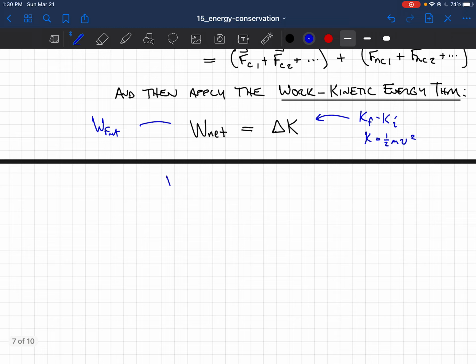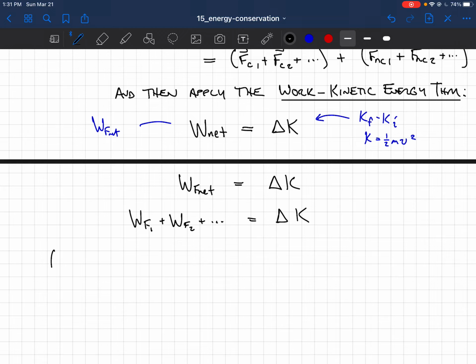So let's do that here. The work done by the net force is equal to delta K, and that means the sum of the works done by each force. That's what we mean by the net force.